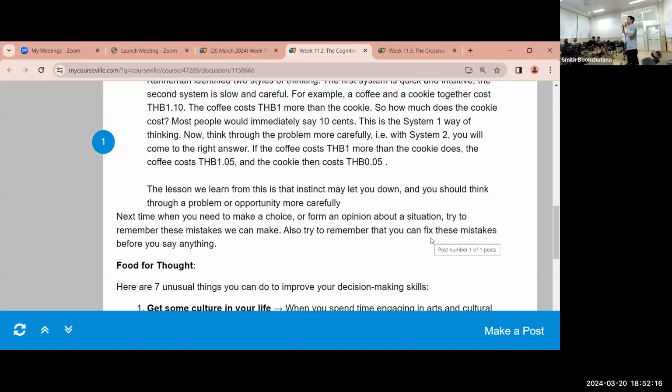Emotion overwhelms your intelligence. Many people have said that don't make decisions when you're upset. We've heard that. But have you ever heard, don't make decisions when you're too happy?